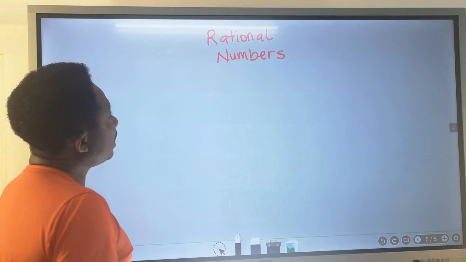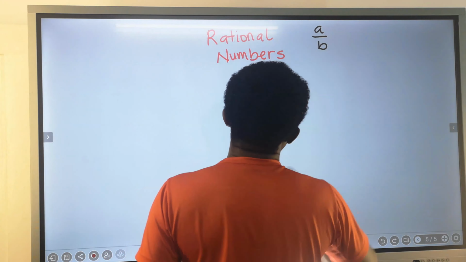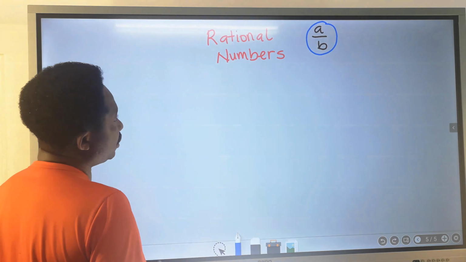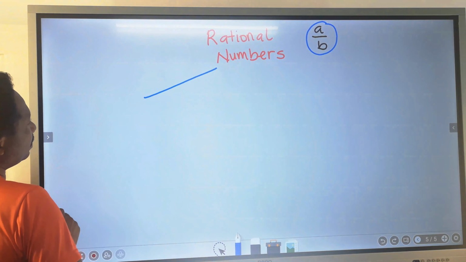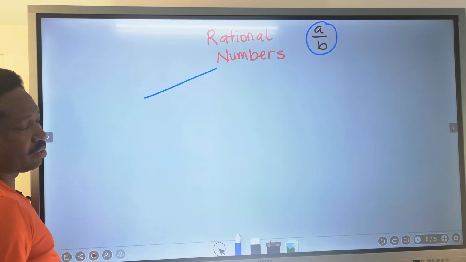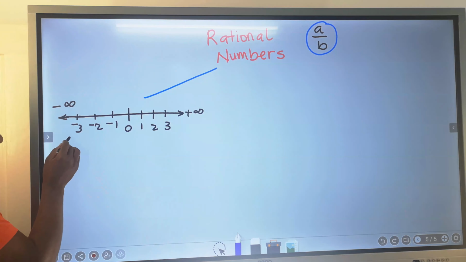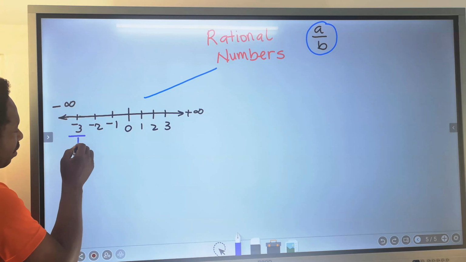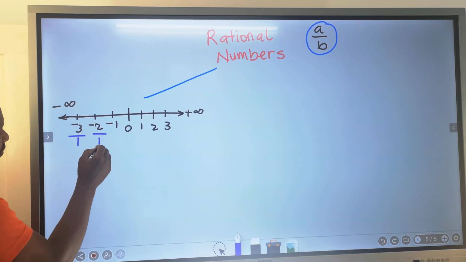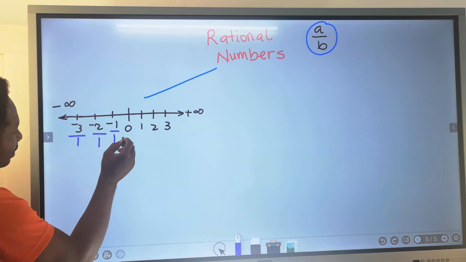We usually say that rational numbers can be represented in the form of A over B, and this has 3 definitions. Number 1: all the numbers found on the number line are rational numbers. That is, on the number line, this is -3 over 1 in the form of A over B, minus 2 over 1, minus 1 over 1.